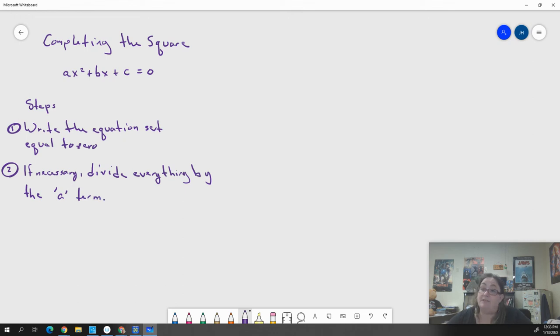It's whatever's in front of x squared. So what I mean by if necessary, if I have just an x squared, not necessary, right? There's no number in front of that x term. So it's 1. And if I divided everything by 1, nothing would change. But if there was like a 2x squared, I would want to divide everything by 2. We want to divide that 2 out so that we're left with just that x squared.